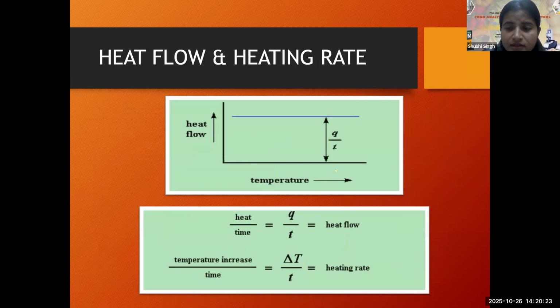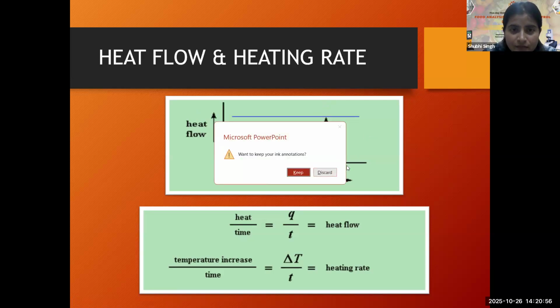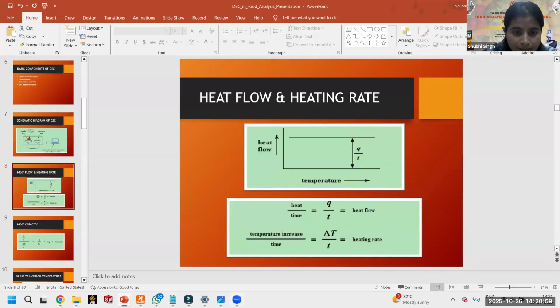Now there are different terms such as heat flow and heating rate. Can anyone please tell me what heat flow is? You might have heard about heat flow or heating rate. I want this session to be open, so you can discuss and give answers. I want you to please get involved. Hello, am I audible?